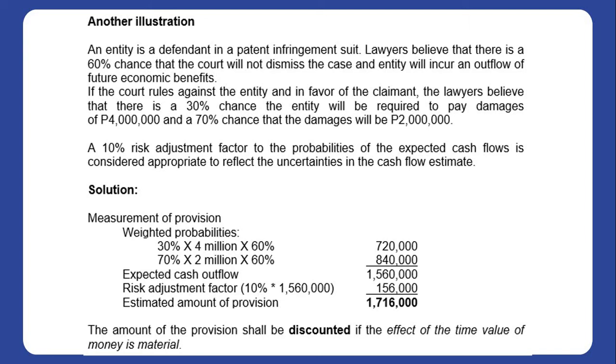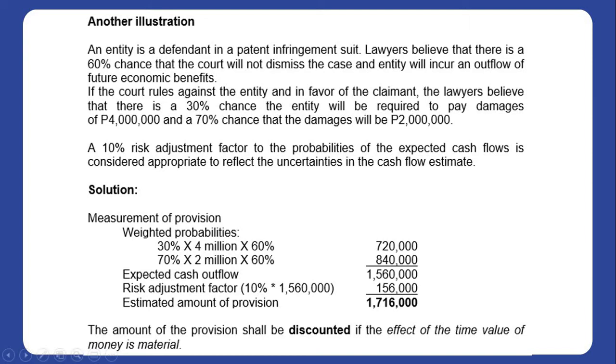Since there are two possible outcomes, if the entity loses, there is a 30% chance that it will pay 4 million, while there is a 70% chance that it will pay 2 million. So that would be 30% times 4 million, the amount to be paid and the probability, times the chance that the entity will lose the case.